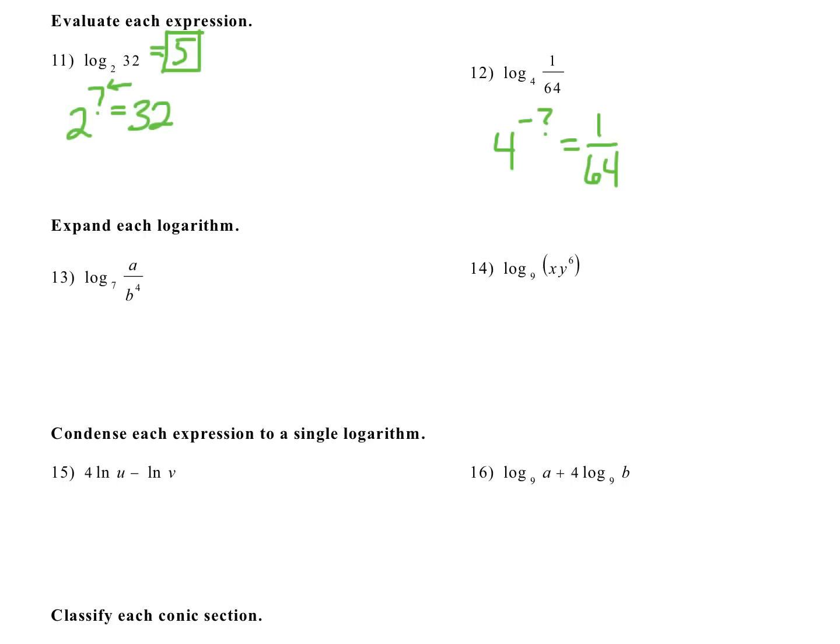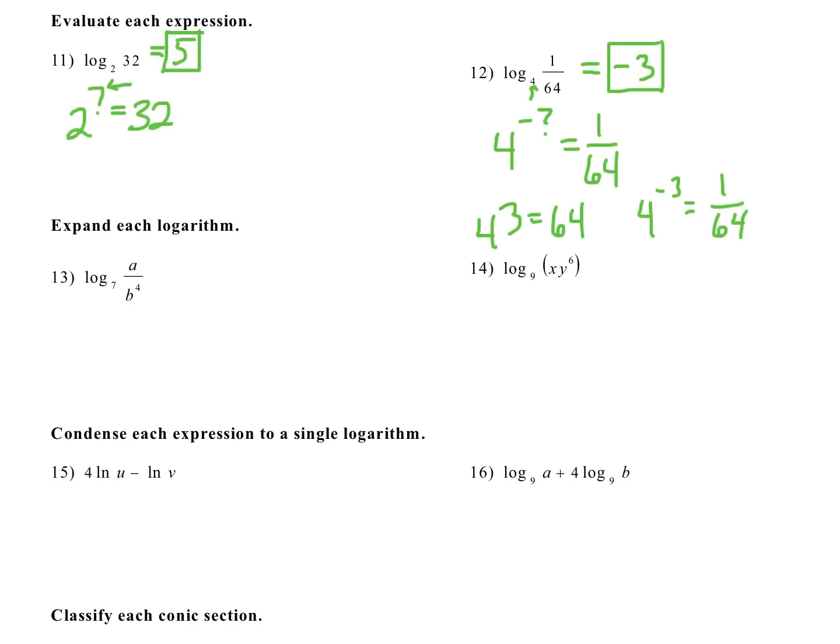Well, 4 times 4 is 16, times 4 is 64, so 4 to the third power is equal to 64, therefore 4 to the negative third power is equal to 1 over 64. So log base 4 of 1 over 64 is therefore equal to negative 3, because that's the exponent that I would have to put on 4 in order to make that statement work, in order to get 1 over 64.